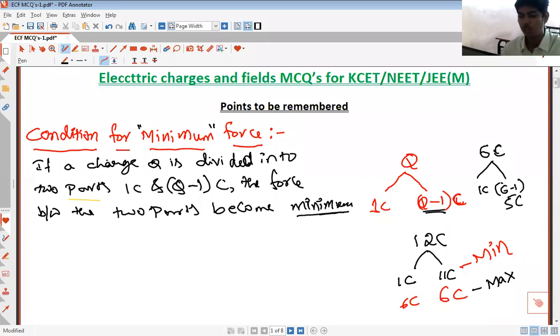So if a charge Q is divided into 1 coulomb and q minus 1 coulomb, the force between the two parts is going to be minimum. Remember this. For the force to be maximum, the charges must be equally divided, and for the force to be minimum, the charges must be divided as 1 coulomb and q minus 1 coulomb.